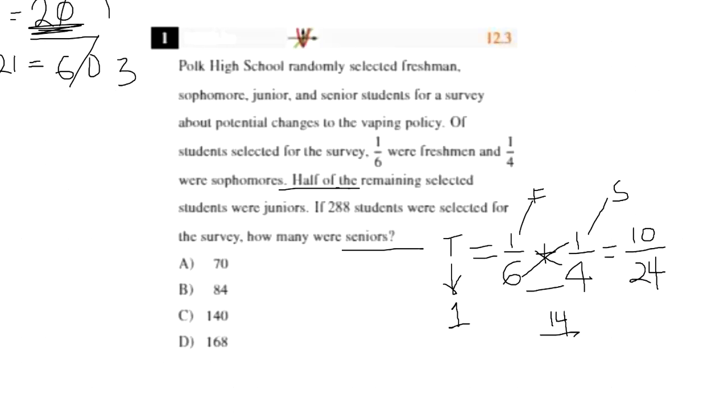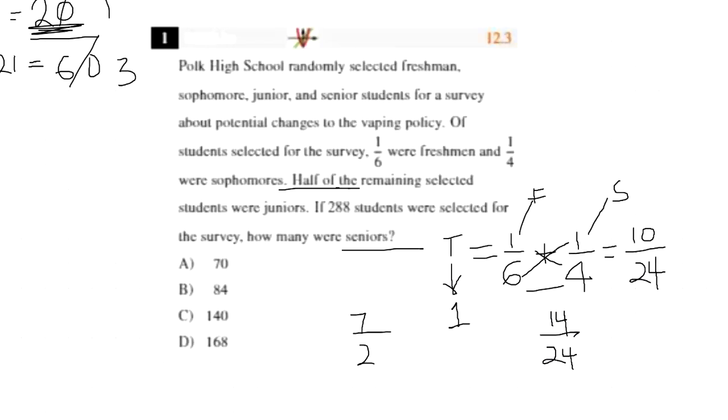That's 24 over 24 minus 10 over 24. 24 minus 10, you have 14. 14 over 24. Then half of them are juniors. So you take half of this, you divide by 2, you have 7 over 24. So 7 over 24 were juniors.